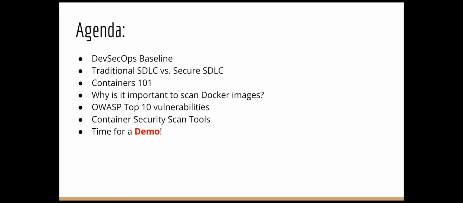OWASP top 10 vulnerabilities. This will be key to our future workshop series because OWASP top 10 vulnerabilities will help us do a level set to understand the vulnerabilities we are finding in applications. And last but not the least, we are going to cover container security scan and its tools together.